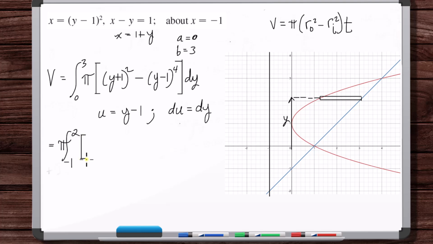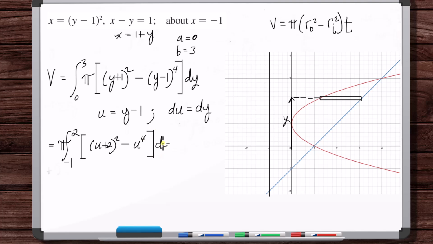Now what is y equal to? y is equal to u plus 1, right? So we've got u plus 1 plus 1, so you've got (u plus 2) squared. Yeah, this should work. Minus u to the 4th, which is the big thing we tried to avoid, otherwise we have to expand this. And then du.